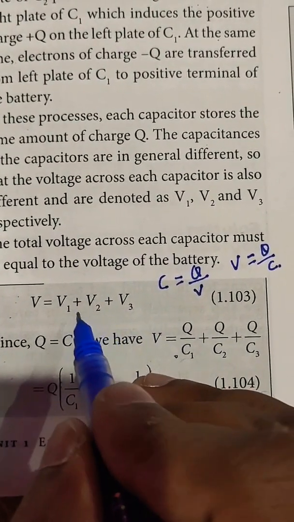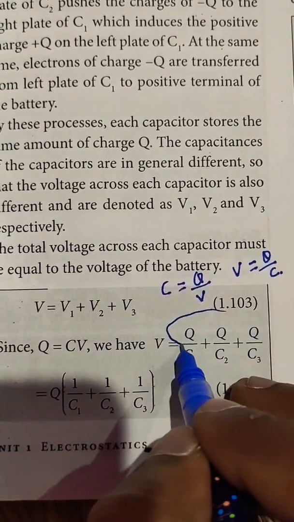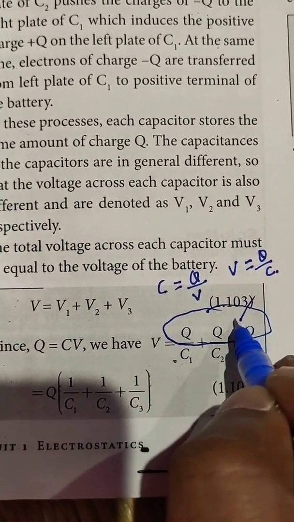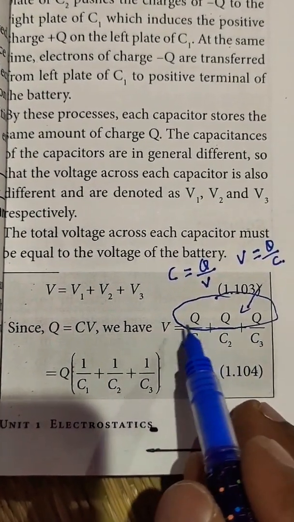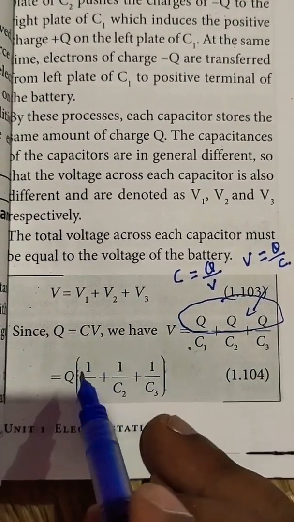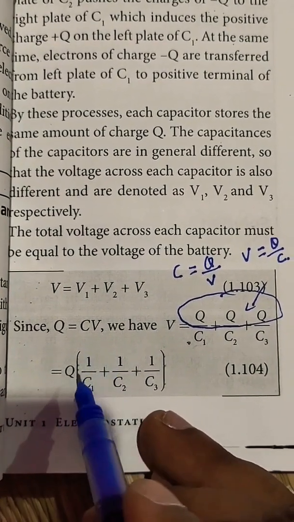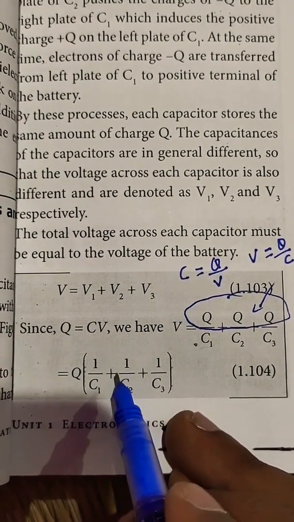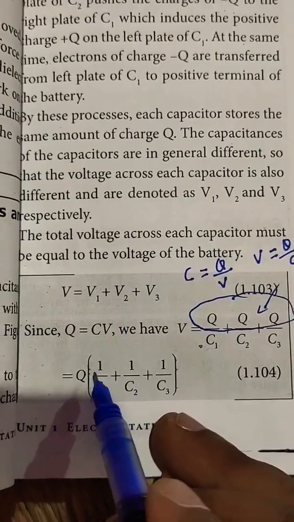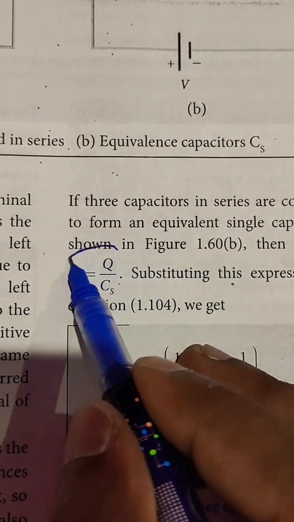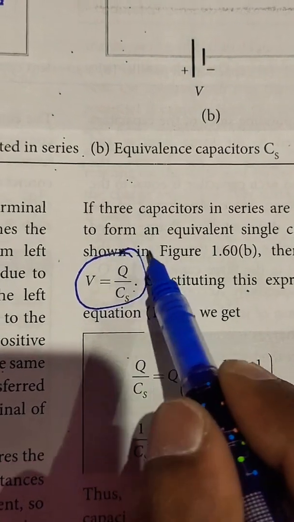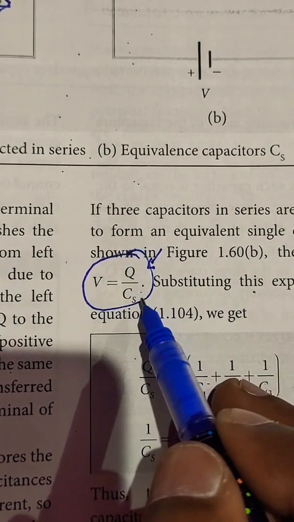Since the value of Q does not change, because of the same amount of charge, we take Q out commonly. So Q times open bracket 1 by C1 plus 1 by C2 plus 1 by C3. Similarly, we can write the total voltage of the battery V equal to Q by Cs.